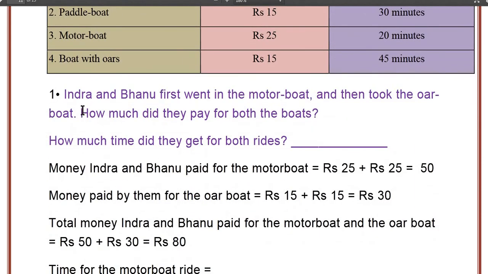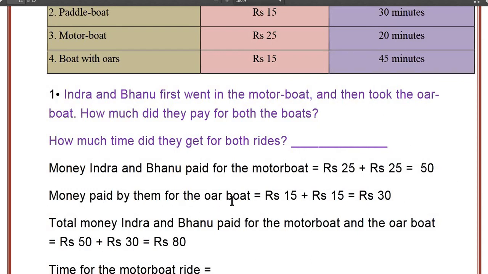Question number 1. Indra and Bhanu first went in the motor boat and then took the oar boat. How much did they pay for both the boats? How much time did they get for both rides? Money Indra and Bhanu paid for the motorboat is 25 plus 25, which is equal to 50 rupees.